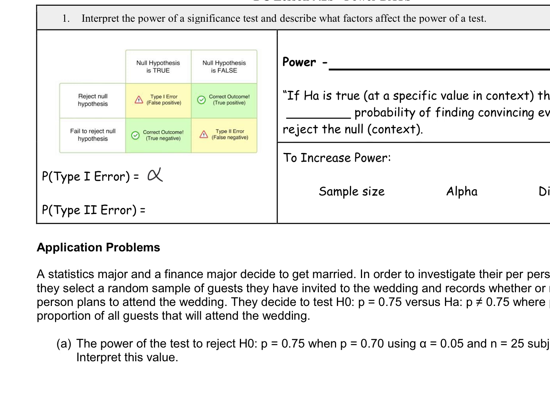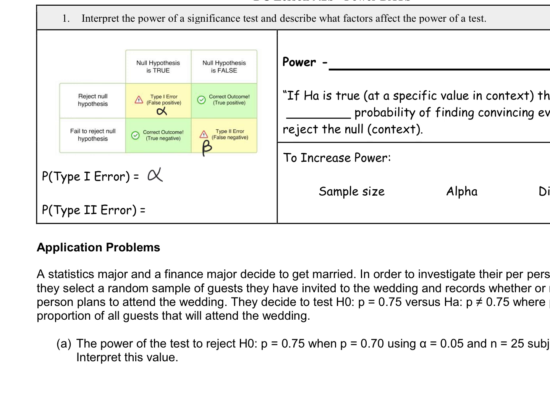All right. So type 1 error is called alpha. Type 2 error is called beta. It's like a B with a little tail on the backside.